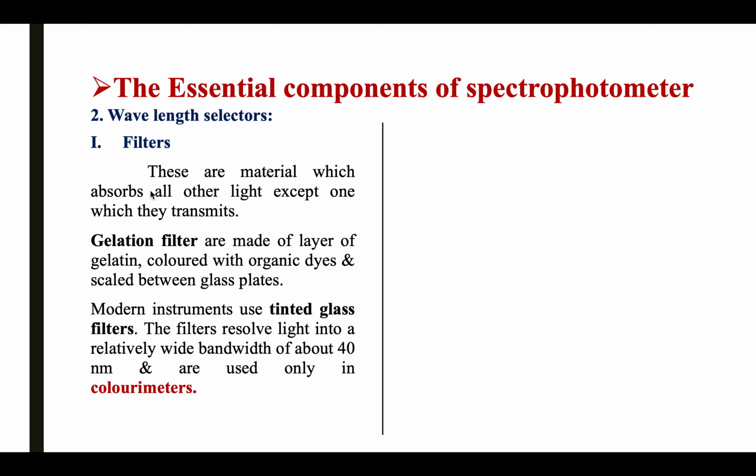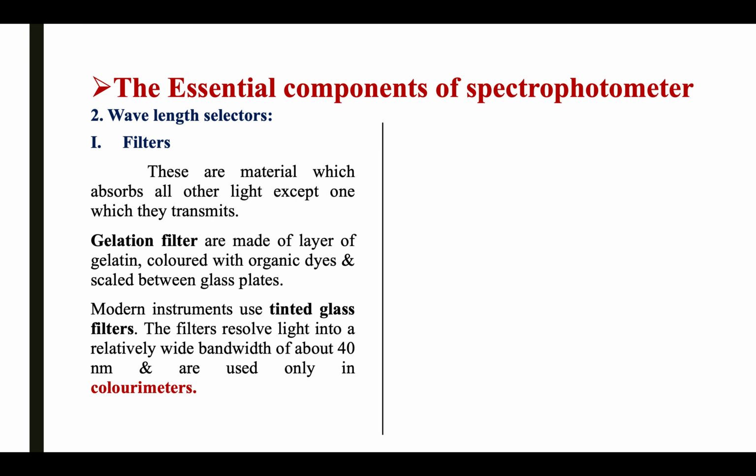Modern instruments use a tinted glass filter. The filter resolves light into a relatively wide bandwidth of about 40 nanometer, so it's not exactly 550 nanometer that it will transmit. Suppose it's for 550, then 20 nanometer below 550 and 20 nanometer above 550, that kind of range will be the bandwidth for the filters.